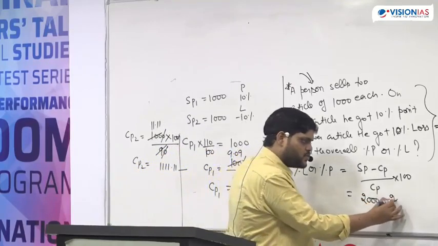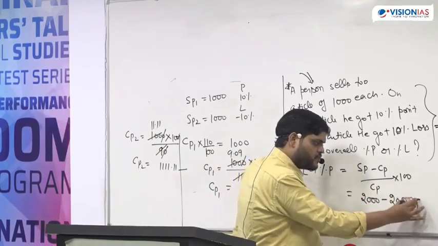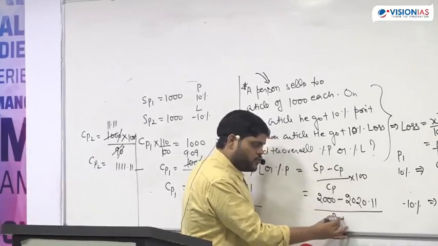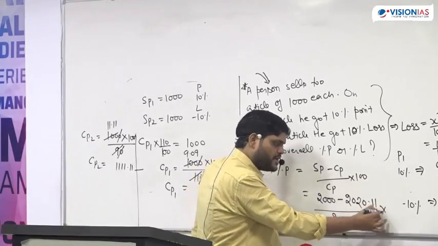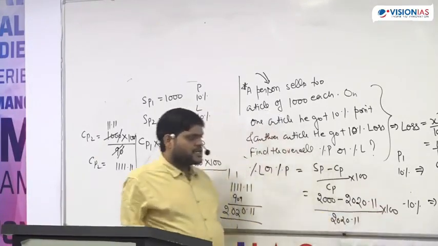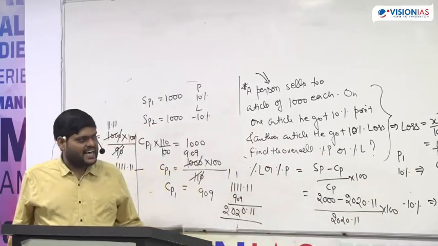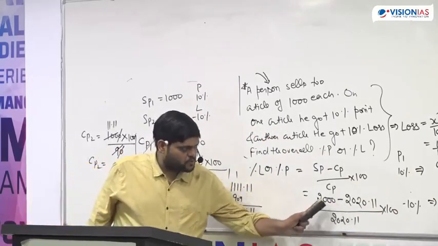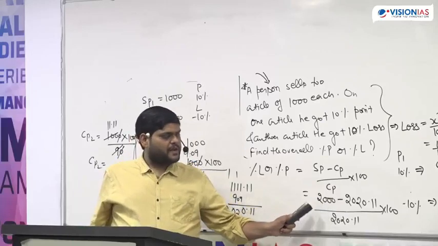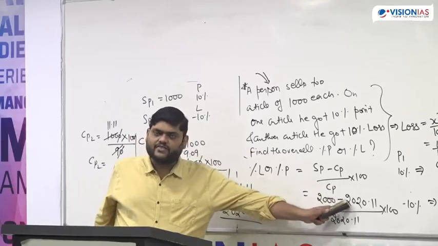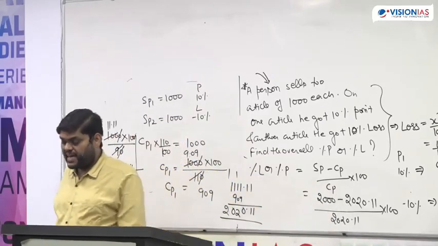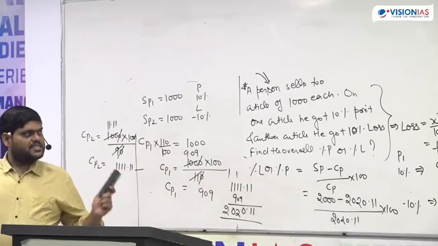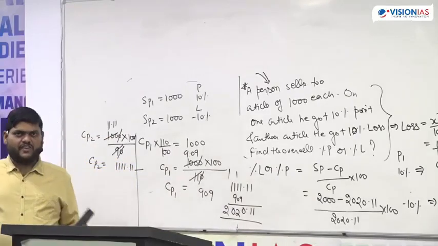2020.11, 2020.11 upon 2020.11 into 100. Now you can solve and you can see that since CP is more than SP, this value will come in negative, and since this value will come in negative, there will be a loss.